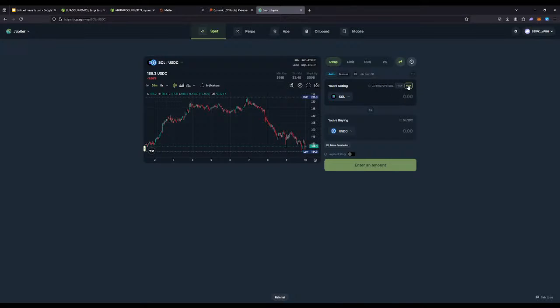And if we input a value, let's say I put in half, this is actually showing me all the pools through which this swap would be going through. So this swap would be going through the Lifinity and the stable swap pool.